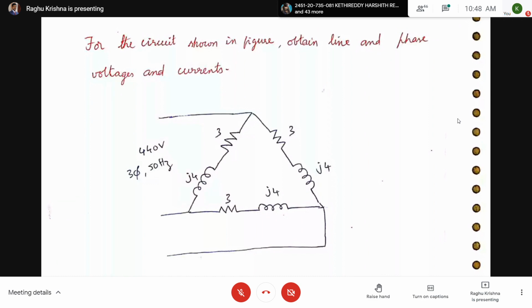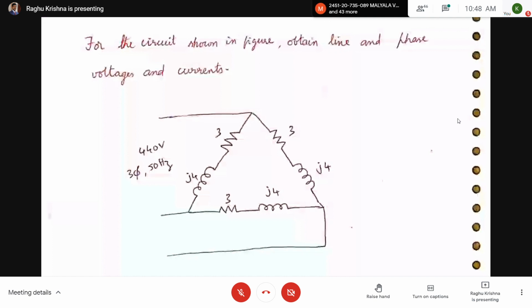So three lines. The phase current is the current flowing through R plus J4 impedance. So you can see line current is equal to √3 times 88, that is 88 into √3.